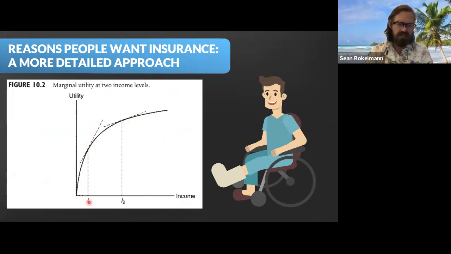So at this low level of income, the marginal utility of income is very high, right? This steep slope. But then as income goes up, the slope gets flatter, so the marginal utility is getting lower, right? And maybe you've seen something like this before. Has anybody seen a utility function like this? Yeah, okay. Yeah, so if you've ever learned about risk aversion, you've probably seen this before.